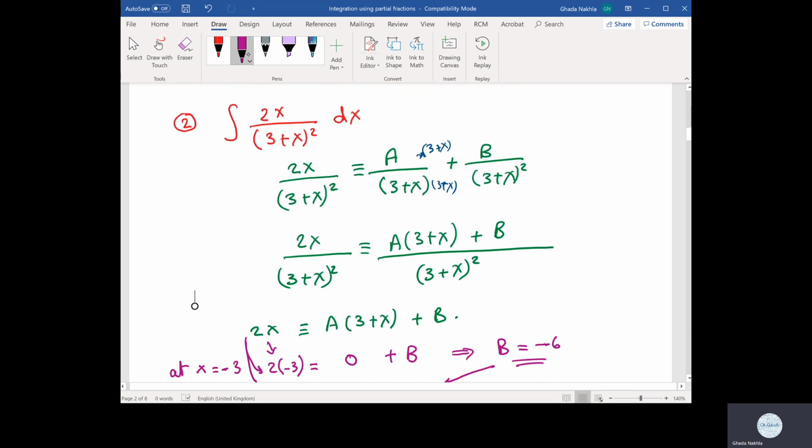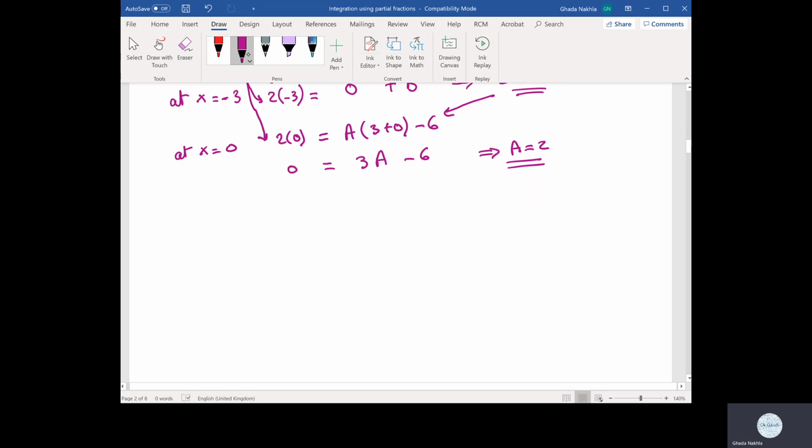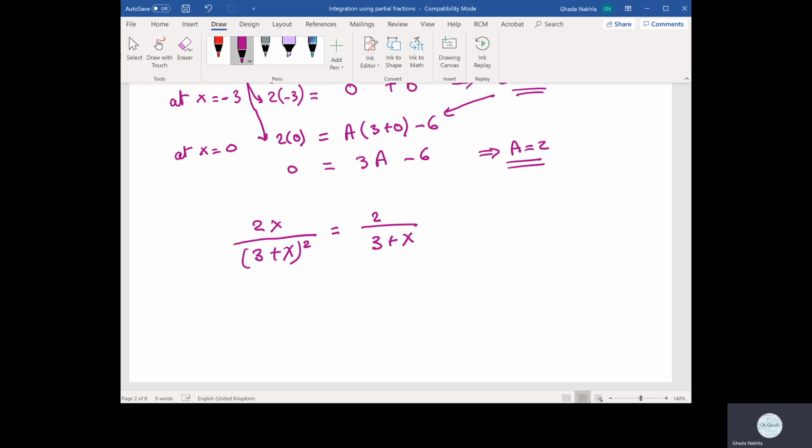What's next is to go back to this one here and substitute the values of a and b. So 2x over 3 plus x whole squared equals 2 over 3 plus x, where 2 is the value of a, and minus 6 is the value of b, over 3 plus x whole squared.